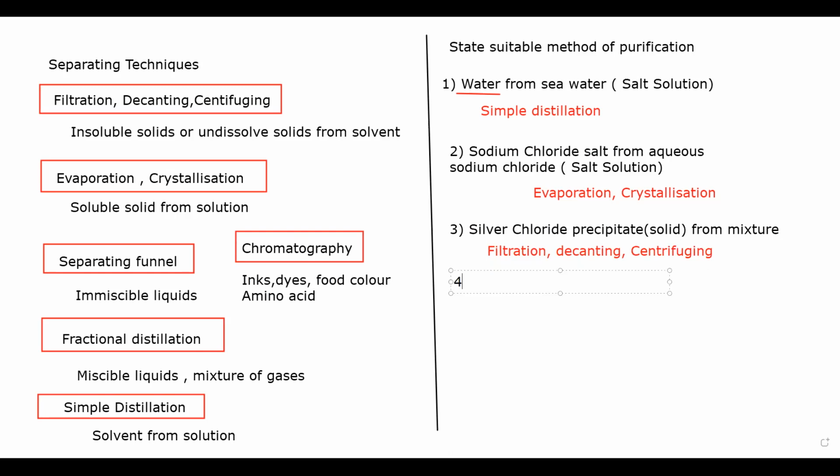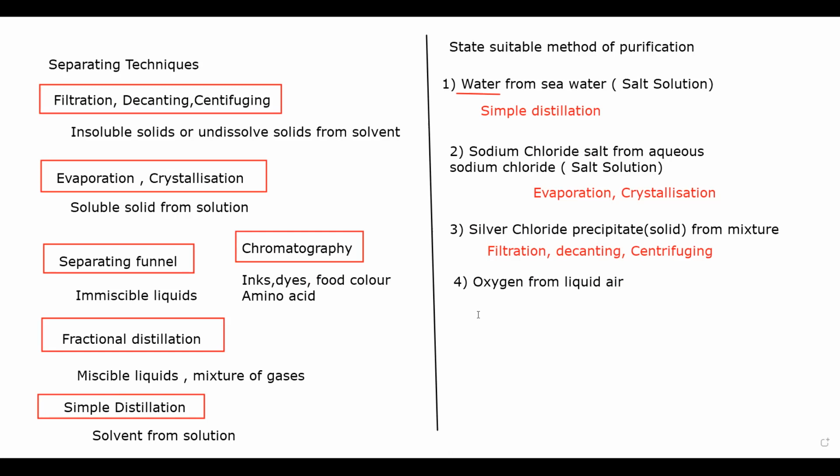If you want to separate oxygen from liquid air, which technique is suitable? Air is a mixture of gases, but we can condense them, we can convert them into liquid state.